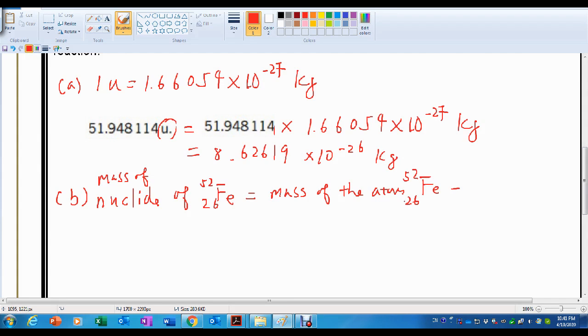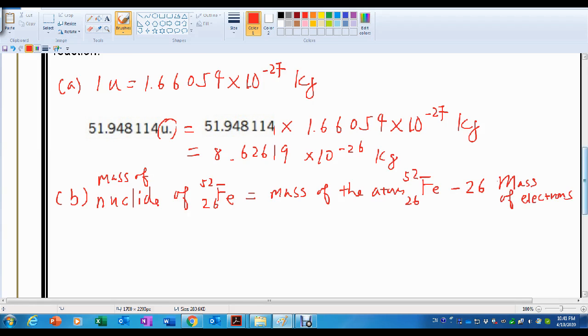That 26 means 26 protons. We know the number of protons and number of electrons must be the same. So 26 electrons, the mass of electrons.